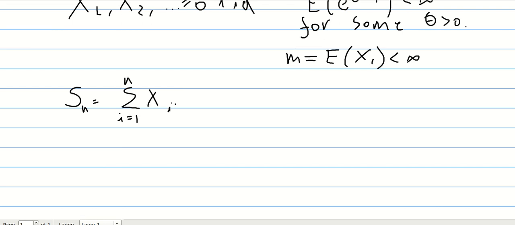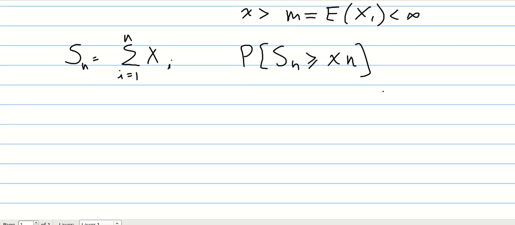of xi, and we try to understand the probability that Sn is larger than some x times n, where x is above the expectation. So what's the probability that we deviate from the expectation by more than x?